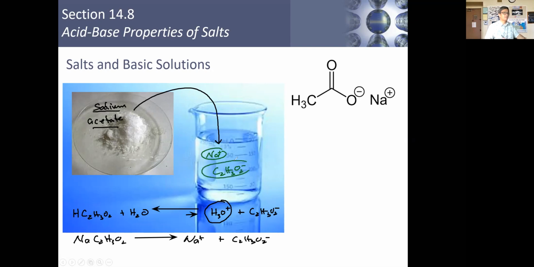The hydration shells will form. But the question here is: will one of these ions do something to the water? Will it interact with the water?